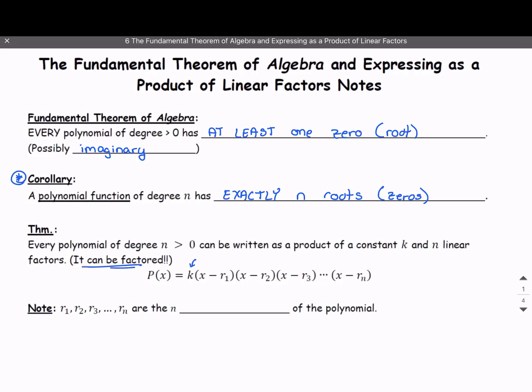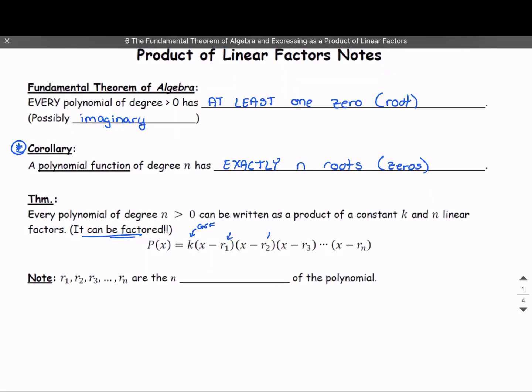So the k is just a greatest common factor that you factor out, and then it's x minus a root times x minus a root times x minus a root till you run out of roots. So this r1, r2, r3, all the way down to rn, those are just the n roots of the polynomial, and the subscripts are just counting how many roots there are, okay? So it's just any GCF and then x minus a root times x minus a root times x minus a root.